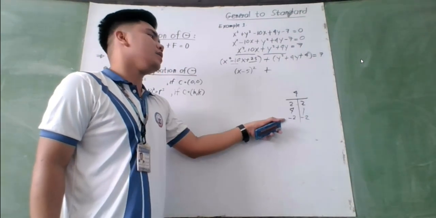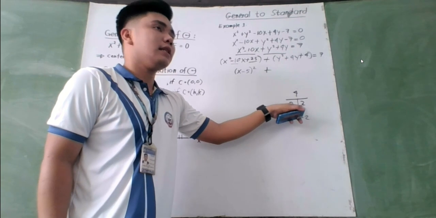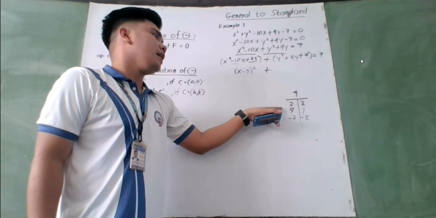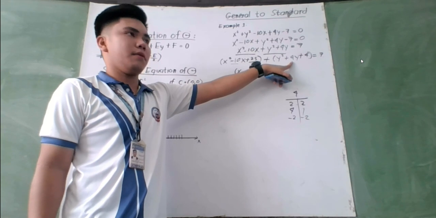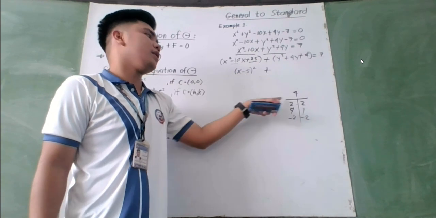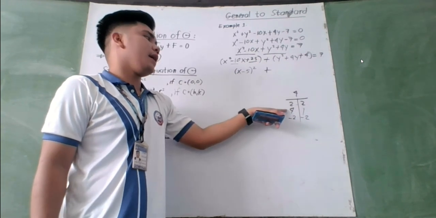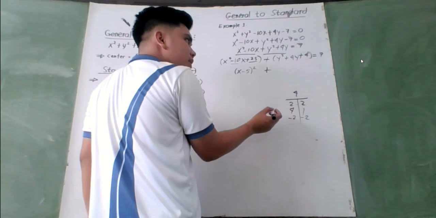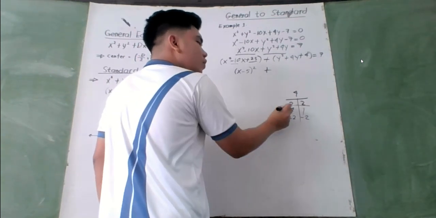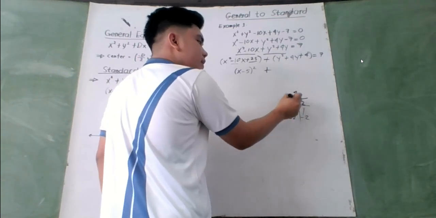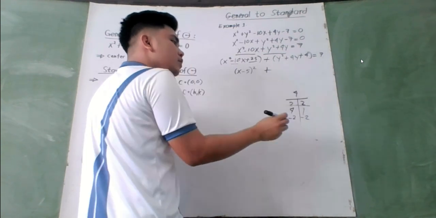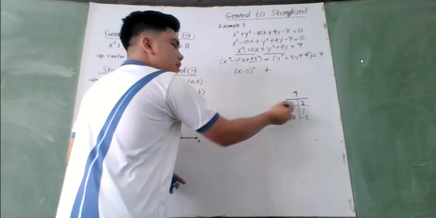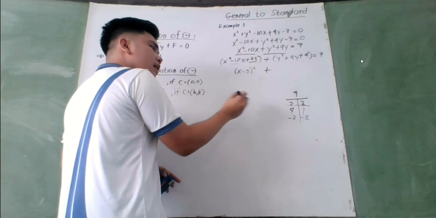But again, the question is, if you add them, will it be equal to the center or the second term, positive 4? The correct answer is 2 times 2, that is 4, and at the same time 2 plus 2 is 4. So we are going to use these factors.